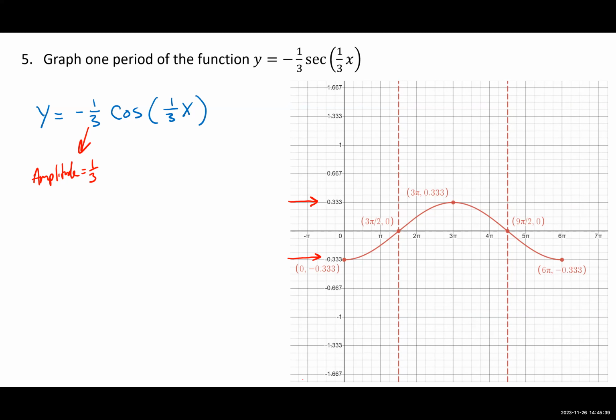So we use the cosine function as a framework. So wherever the cosine function has an x-intercept, the secant function has a vertical asymptote.